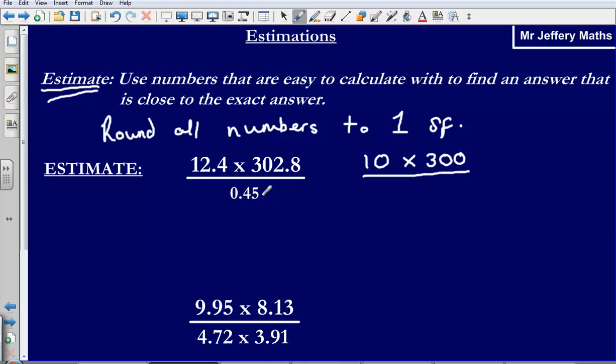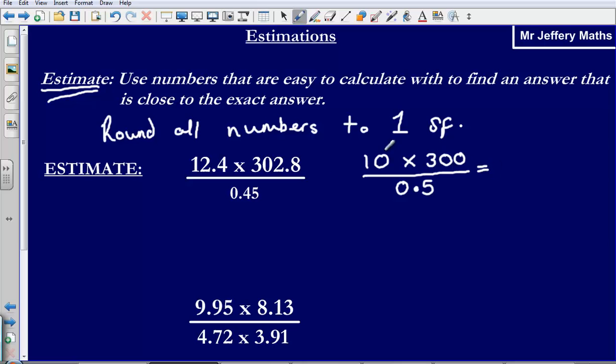So I want to describe 0.45 as accurately as possible using only one number that's not a zero, and that would simply be 0.5. I'm just going to round up 0.45 to 0.5. Now once I've done this, I'm ready to actually make my calculations and figure out my estimate.